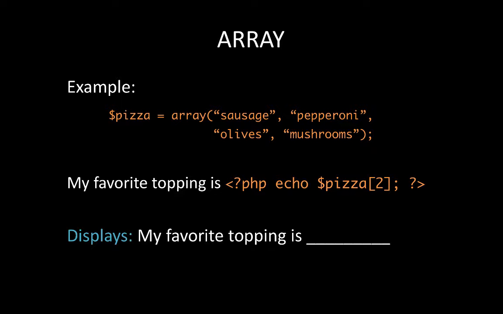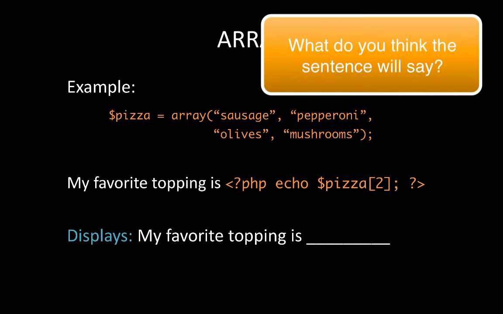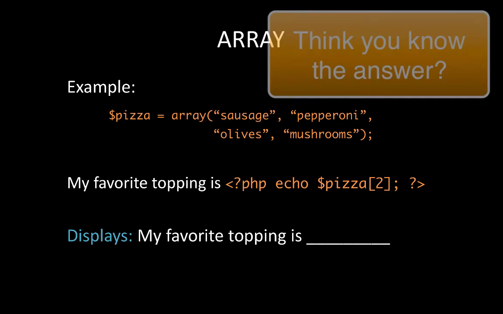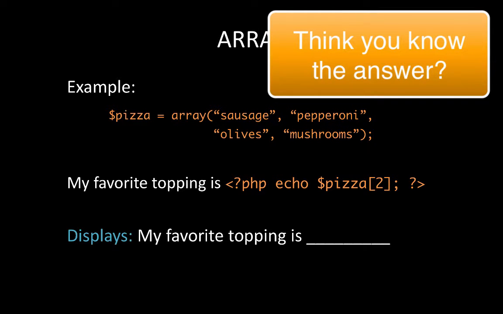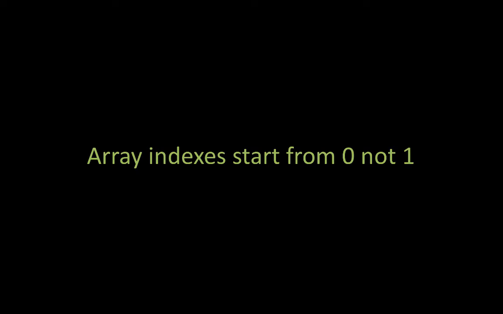You'll notice that there are 4 values in our pizza array. So we are looking for value number 2. I'm going to let you take a guess here that this displays the sentence, my favorite topping is. I want you to think about it or test it. Here's the little hint: array indexes start from 0, not 1.